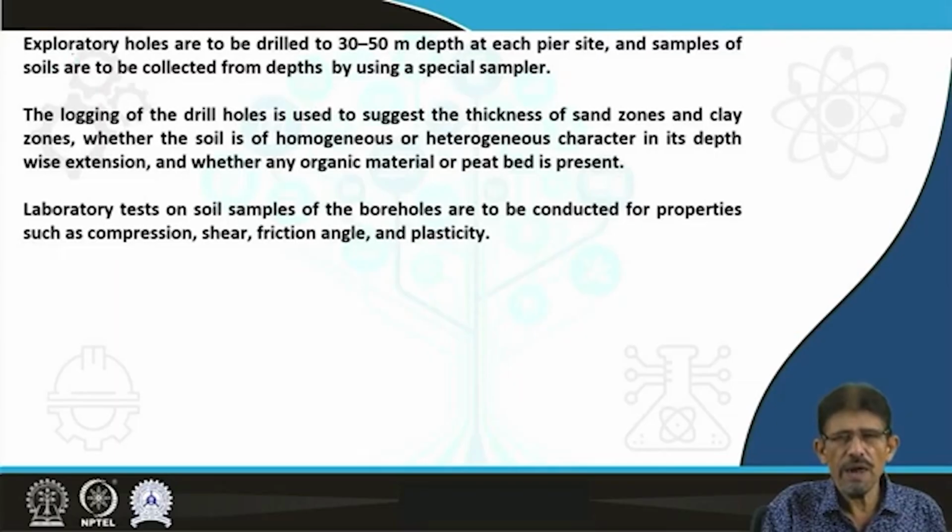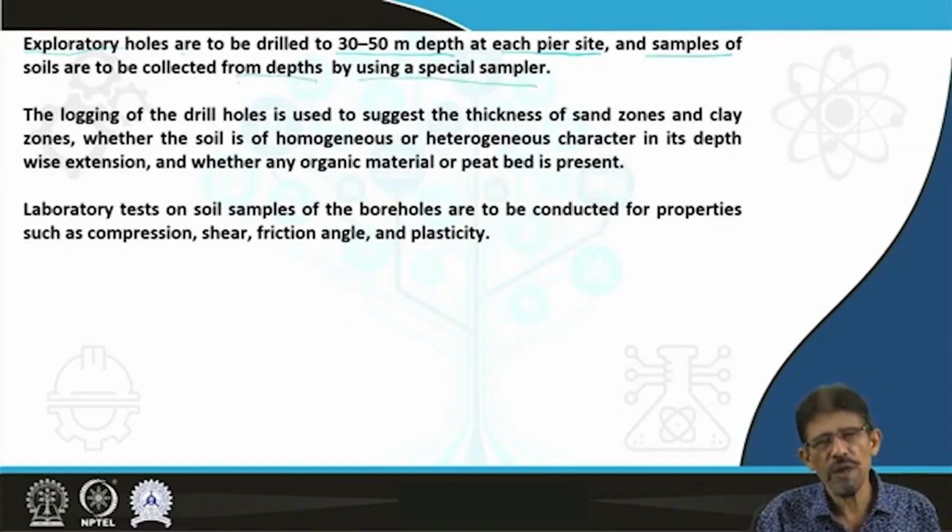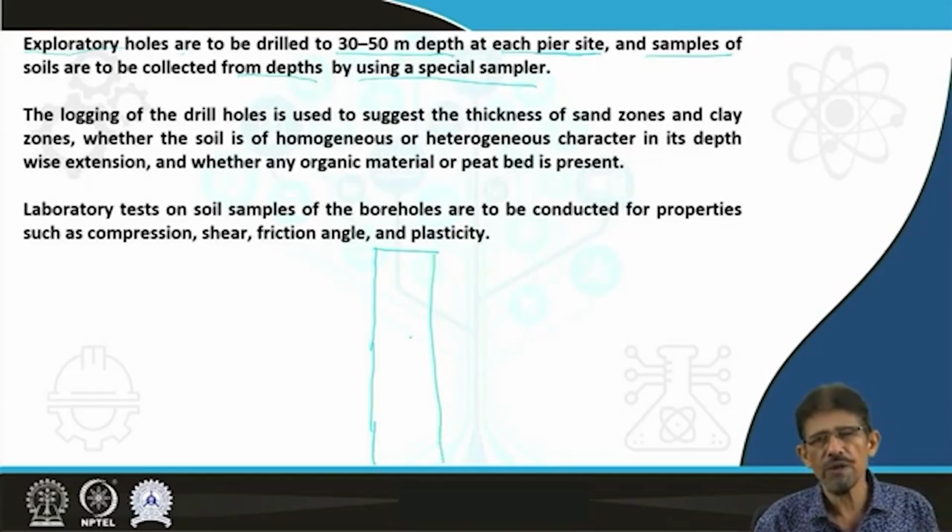Generally, in alluvial plains, we drill exploratory holes up to 30 to 50 meters depth at each pier site to ensure the availability of sound strata, and then collect samples from different depth levels using a special sampler so that the collected samples can be evaluated in terms of engineering geological parameters, particularly related to strength and quality.